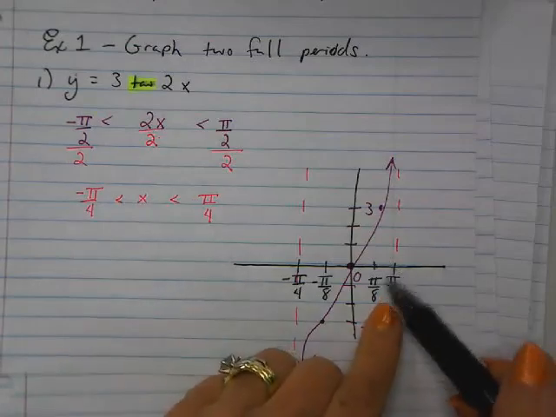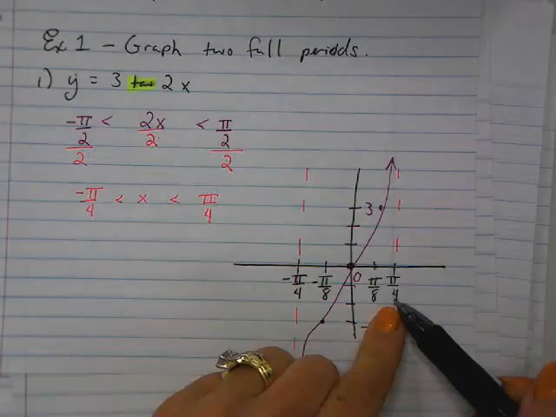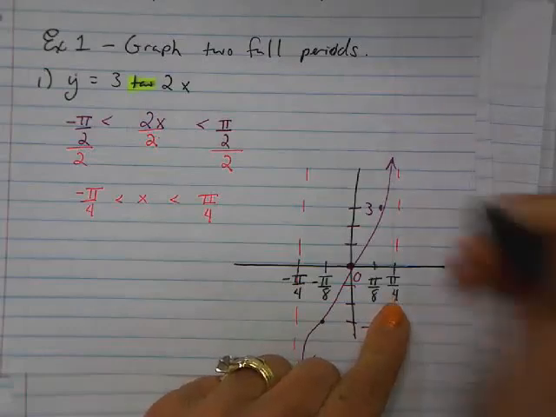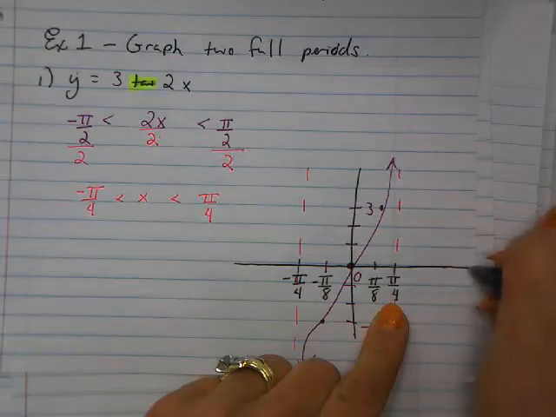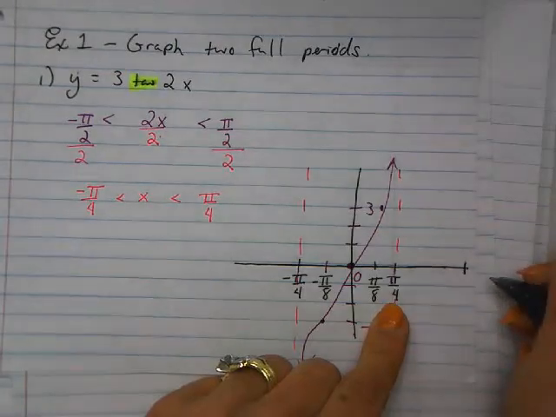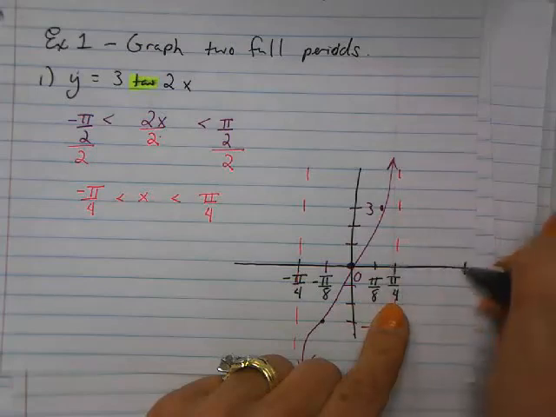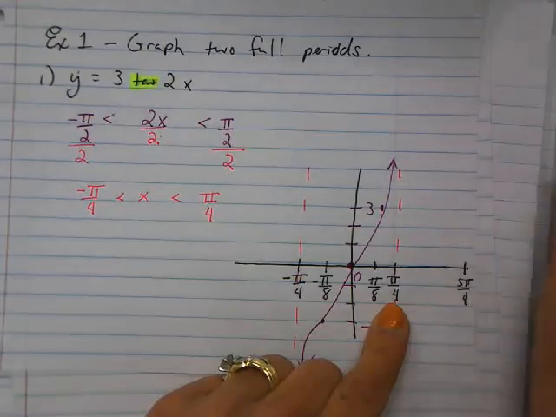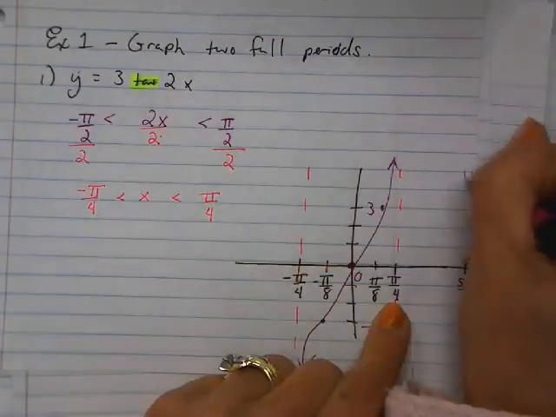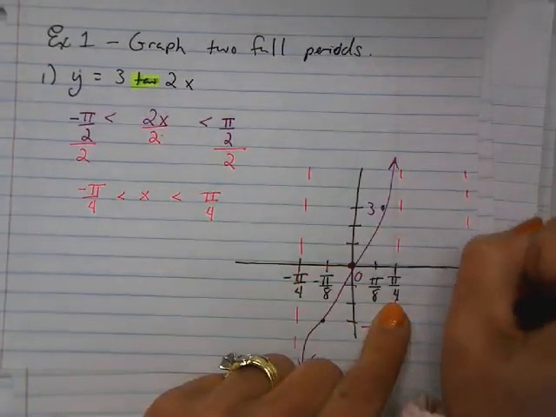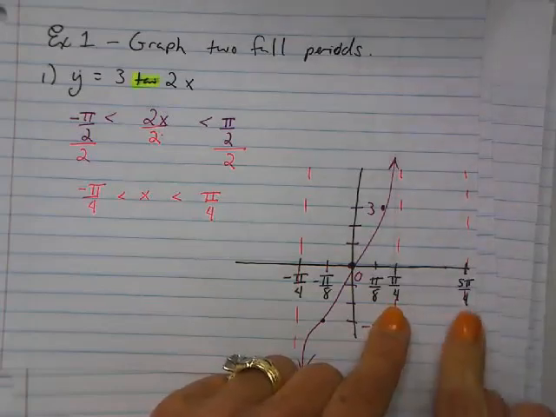Here you're at a fourth, you go another pi, you would be at 5 pi over 4. What is halfway between 5/4 and 1/4? Well, 5/4 plus 1/4 is 6/4, which is 3/2.